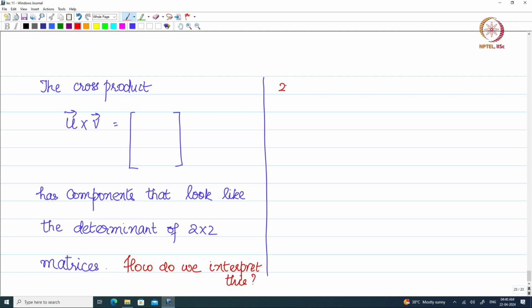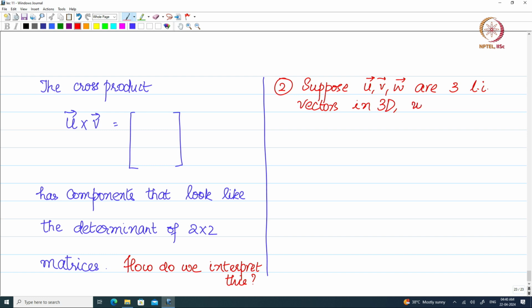The second question that we are going to answer in the next lecture is: we have two vectors which are, let us say, linearly independent in this case, where the area is going to be finite, I mean, it is not 0. Suppose I have another vector w. Suppose we have u, v and w, 3 linearly independent vectors in 3D.